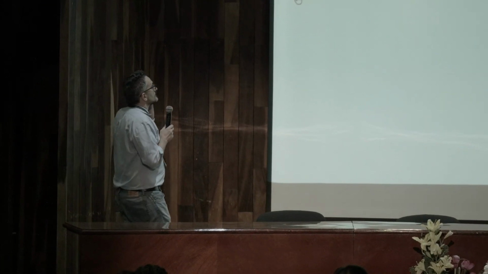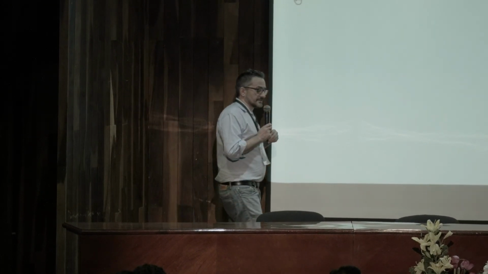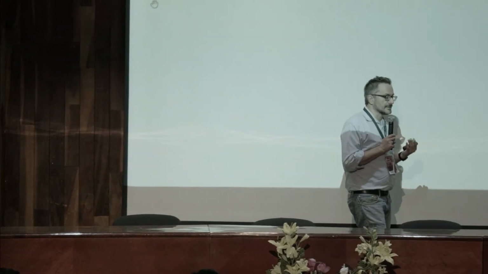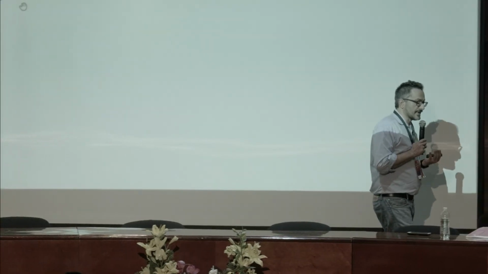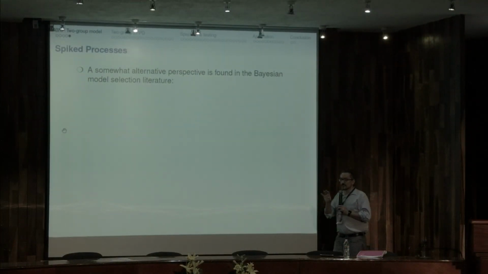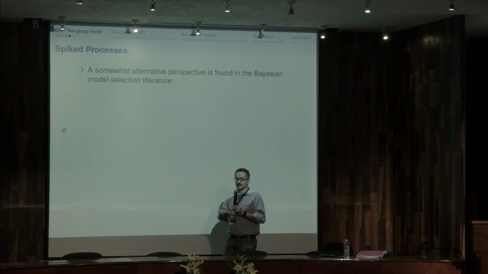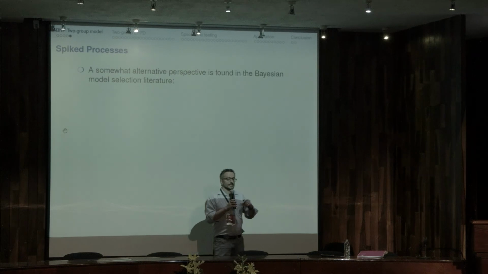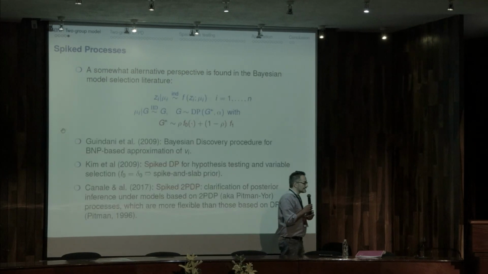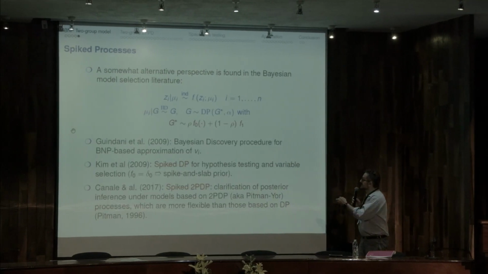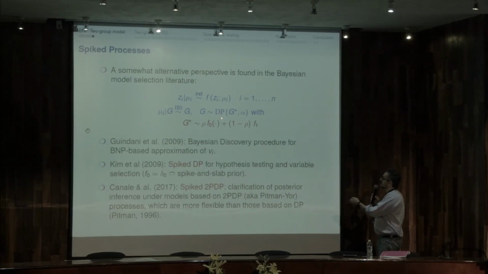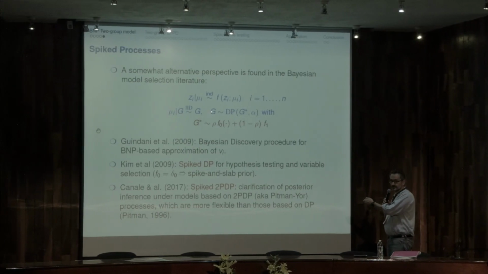Now, a somewhat alternative procedure that has been used in the Bayesian parametric literature is what is usually called a spike process. I would like to point out the differences between the idea of putting a Bayesian parametric prior on F0 and F1 directly, and an alternative idea, which instead puts a mixture on the base measure of a Dirichlet process.